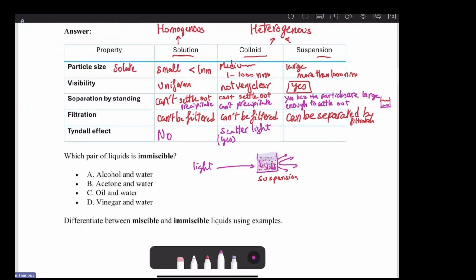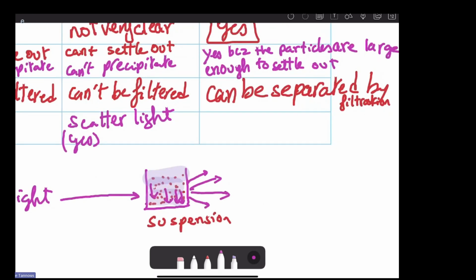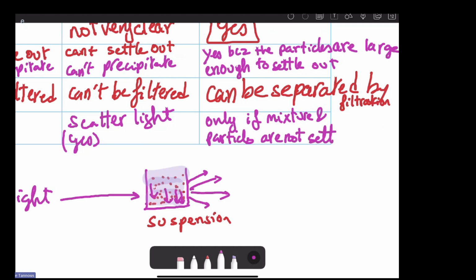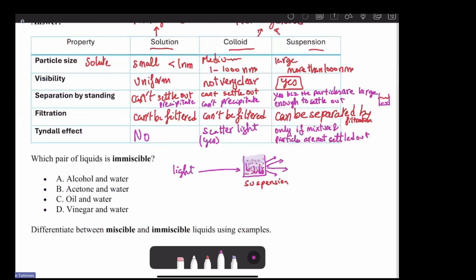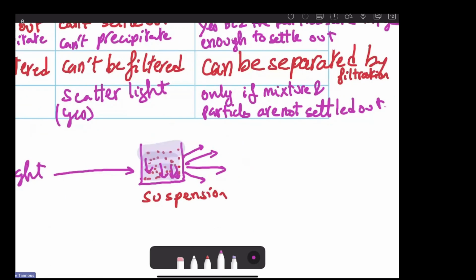So for the Tyndall effect for suspension, we say only if mixed and particles are not settled out. Or you can say sometimes it exhibits the Tyndall effect. If you don't want to explain this, you just say sometimes, because it depends whether the mixture is mixed, stirred, or not.